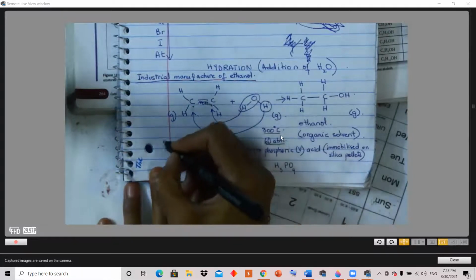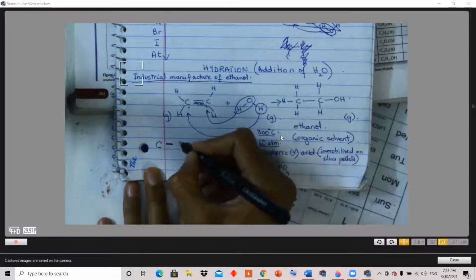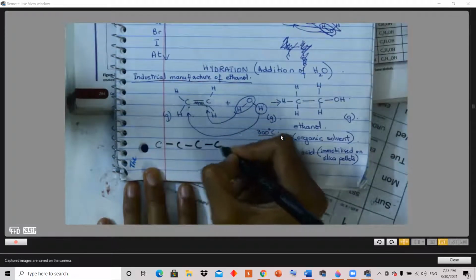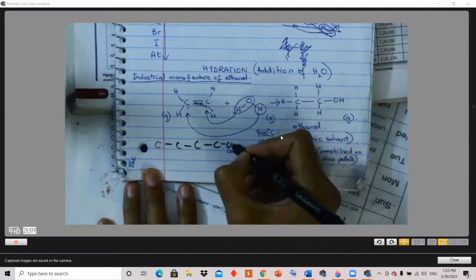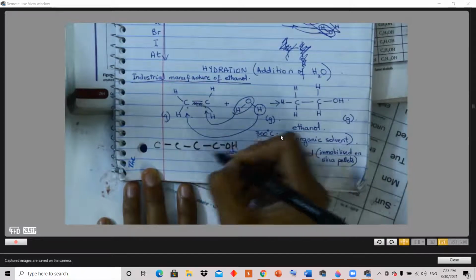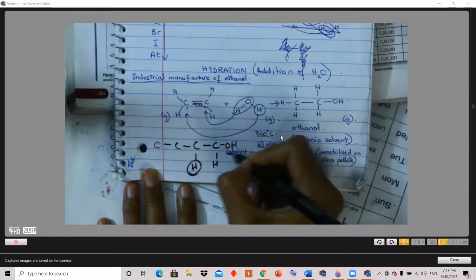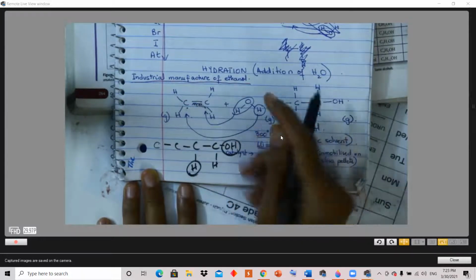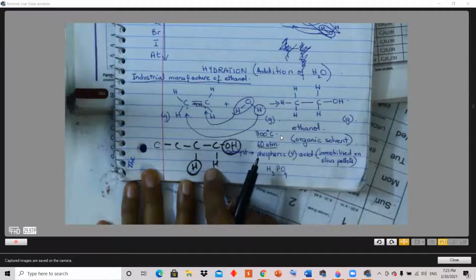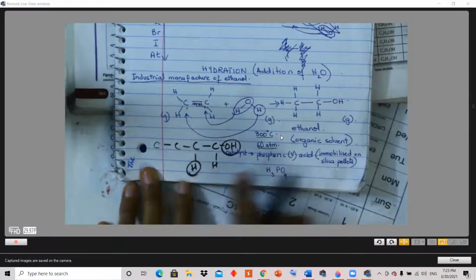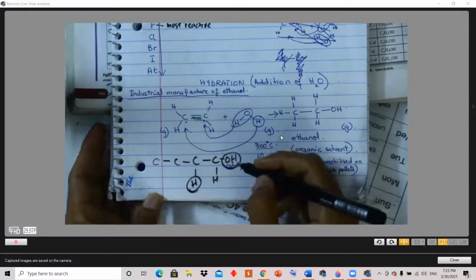And so if you have butene instead of ethene, it would be like this. OH sat on this carbon and the other hydrogen. These are the two new atoms that came from water. So this is hydration.